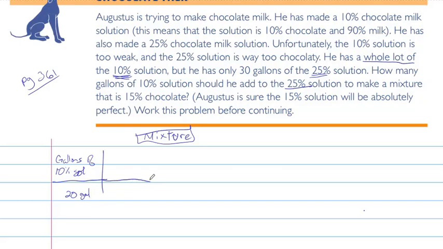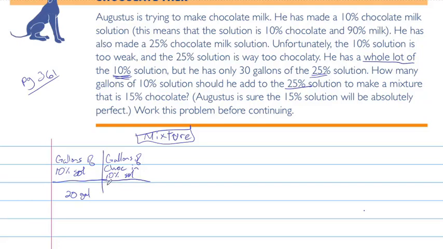All right, well, if we knew that, and we knew that it's a 10% solution, then we should be able to figure out how many gallons of chocolate are in that 20 gallon amount that we've poured in. So let's call this gallons of chocolate in that 10% solution that we put in.